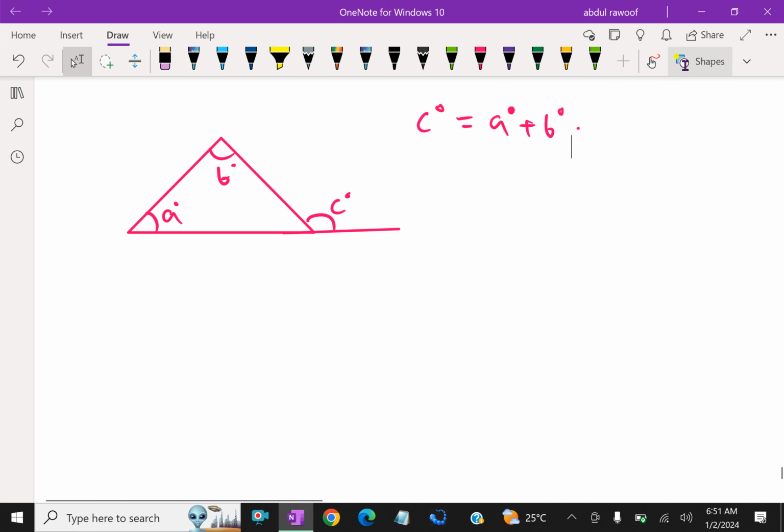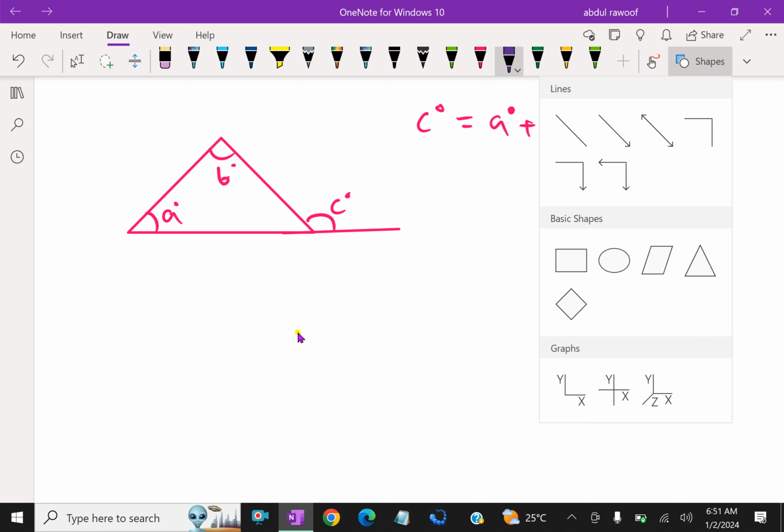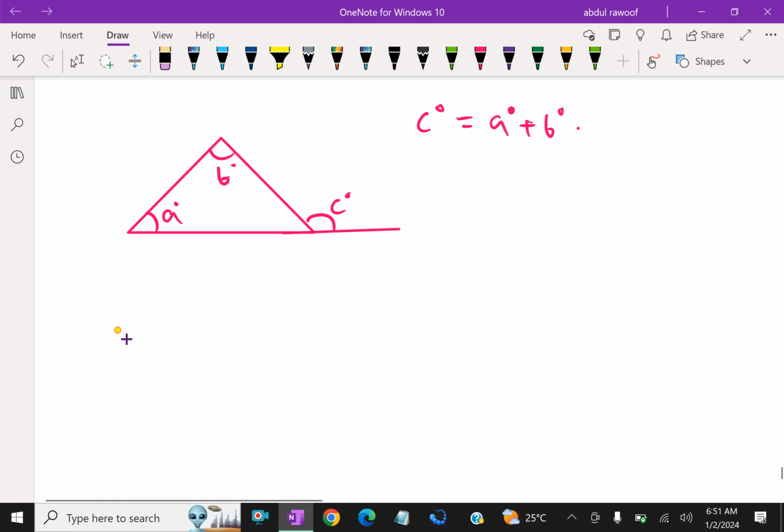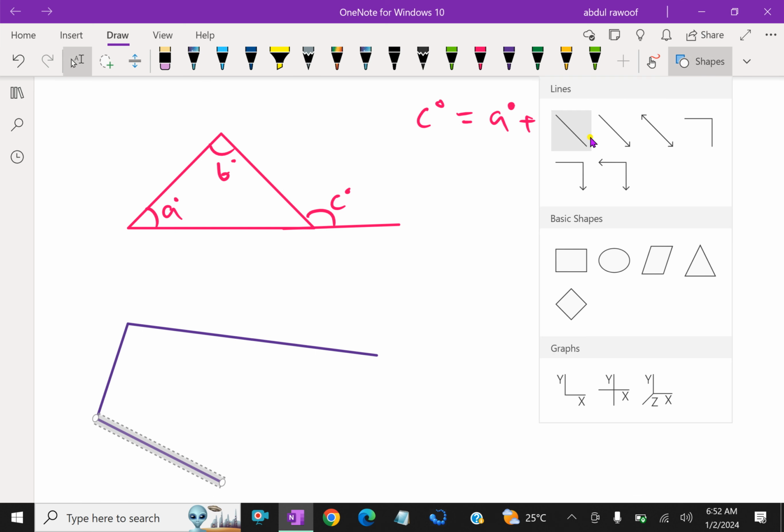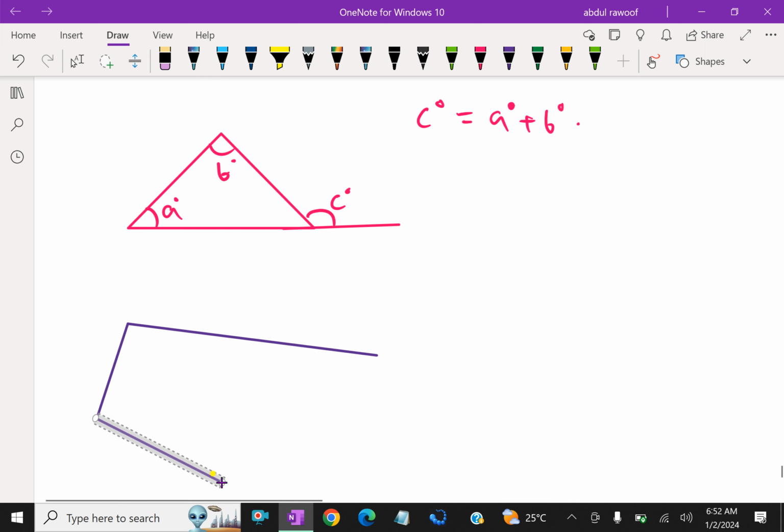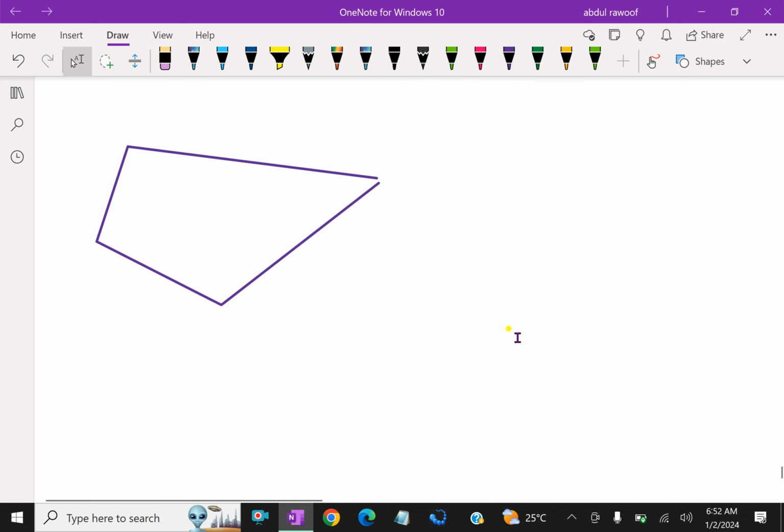Next one. Here, look at this. This is a four-sided polygon.